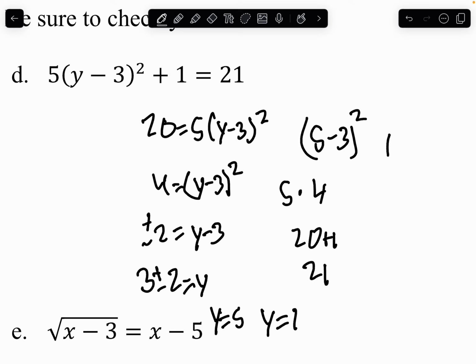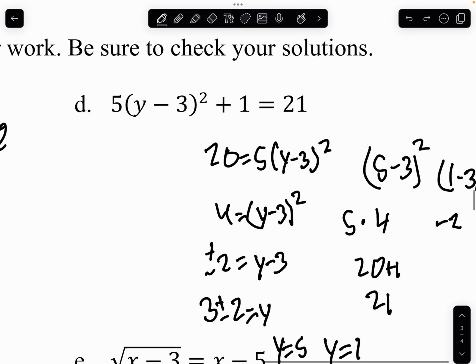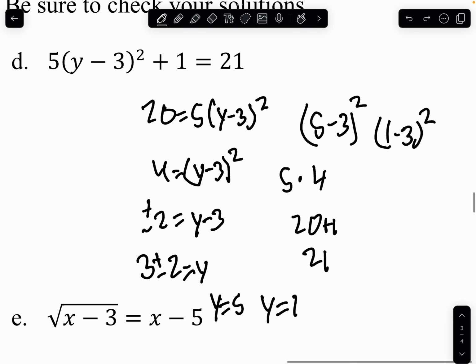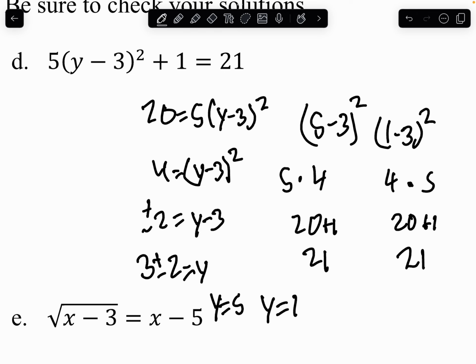And we'll do y minus 3 squared, which is negative 2 times negative 2, which is positive 4, sorry. 4 times 5 is 20. 20 plus 1 is 21.